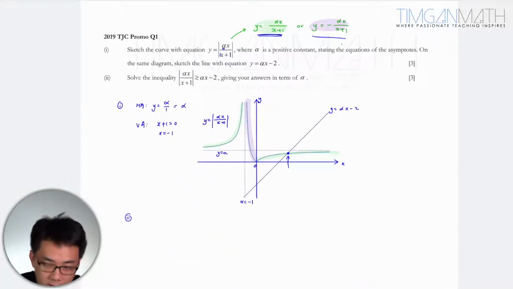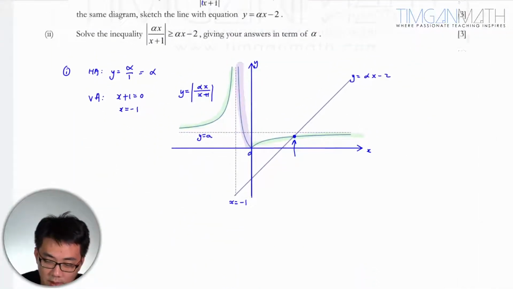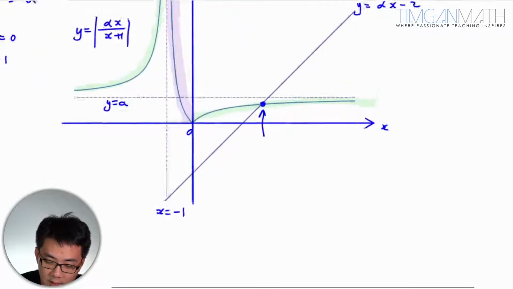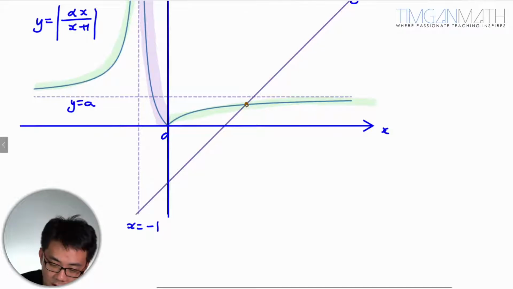Now this is a pretty easy question. Basically, let's say this intersect here is x1.